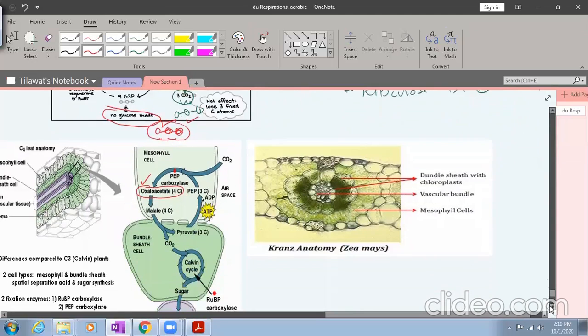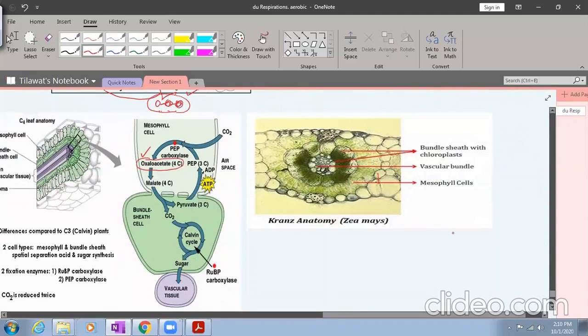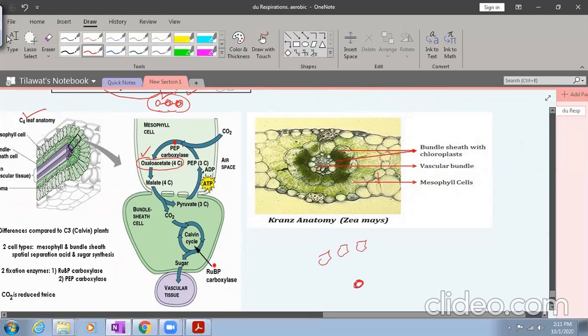First one: these plants are called C4 plants. In C4 plants, this is the mesophyll cell, right? And this is the vascular bundle of that plant.